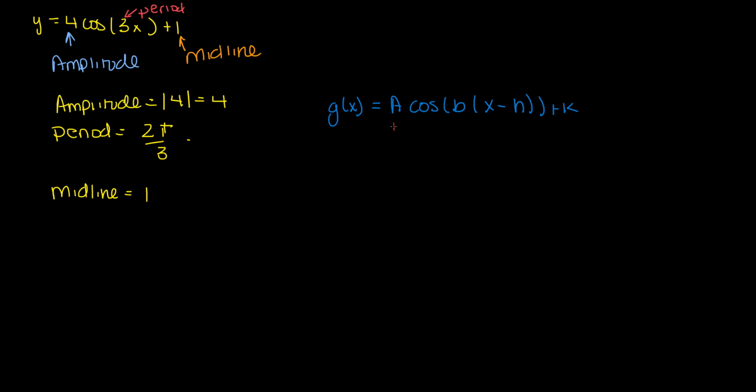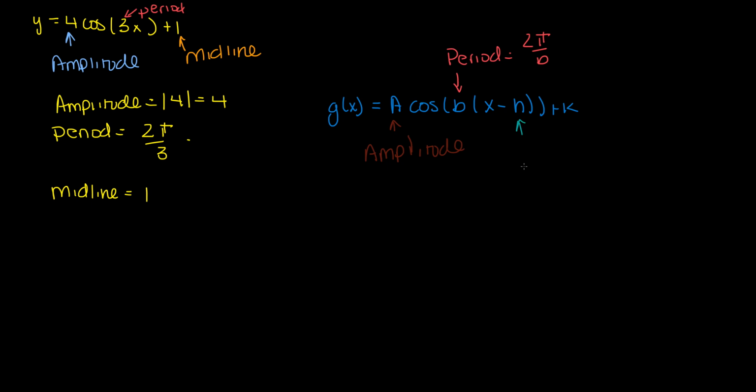So this is amplitude. This is period. Remember, period is going to be 2 pi over b.